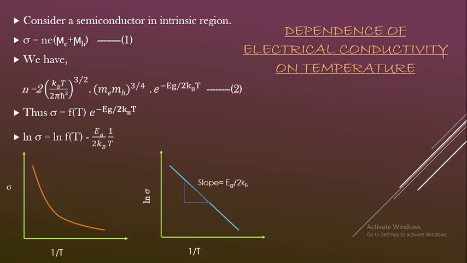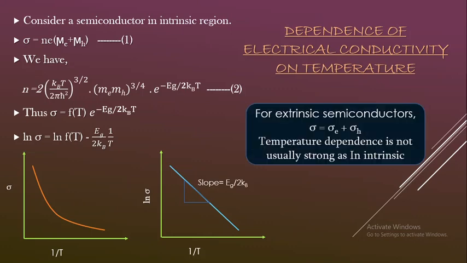Then we have considered this for the intrinsic region only, but we use extrinsic semiconductors also, and for extrinsic semiconductors we have the contribution sigma equals sigma E plus sigma H, that is, conductivity due to electrons and conductivity due to holes. Here n is not equal to p, and we need to consider both carrier concentrations, and the temperature dependence is not usually as strong as in the case of intrinsic.